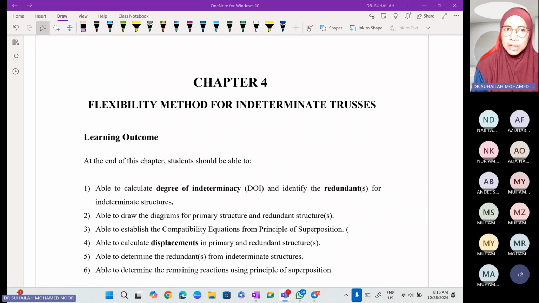In week number 3, we also covered the flexibility method analysis for frame analysis. And this week number 4, we are going to learn the analysis of indeterminate trusses using the flexibility method.